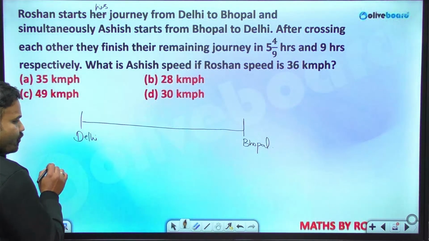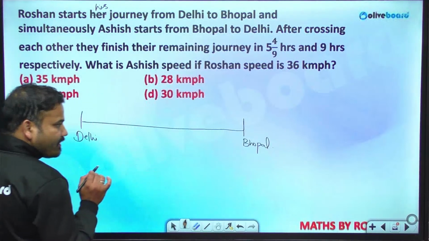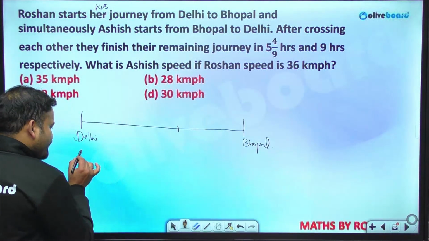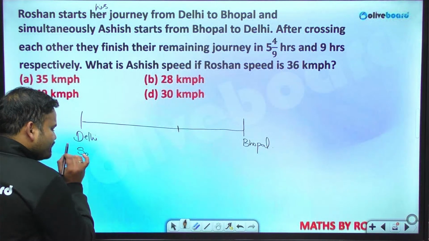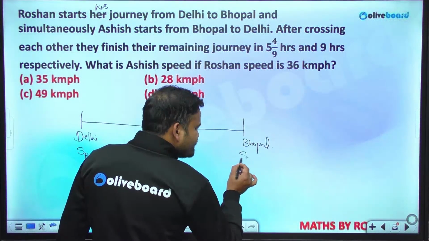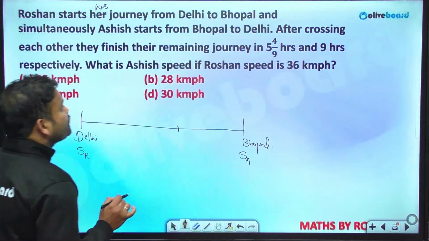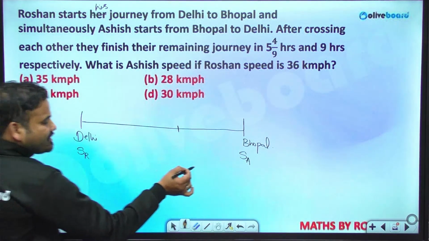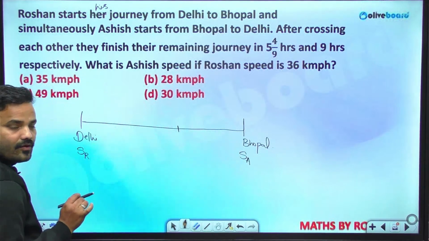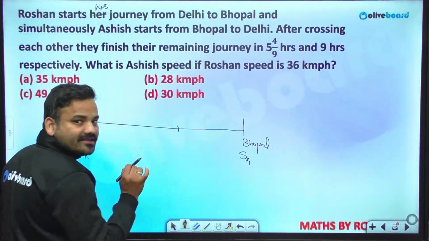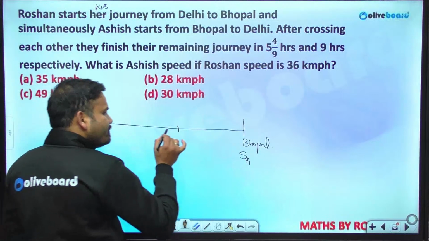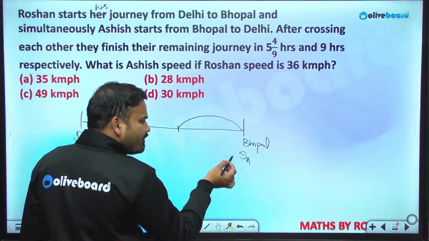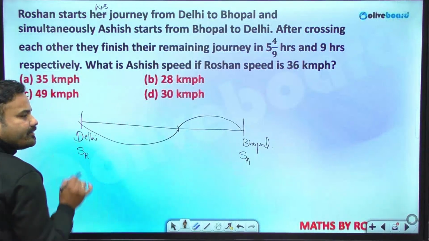Both are traveling towards each other. On their way, somewhere over here, they will be crossing each other. Let's say the speed of Roshan is SR and the speed of Ashish is SA. Roshan is going towards Bhopal, and after crossing, Ashish is going towards Delhi.